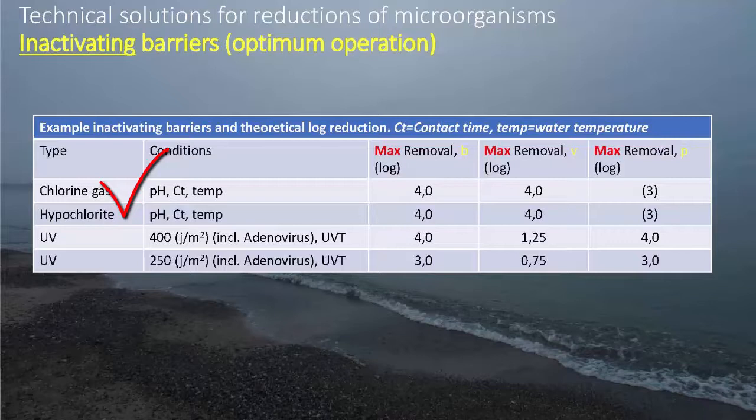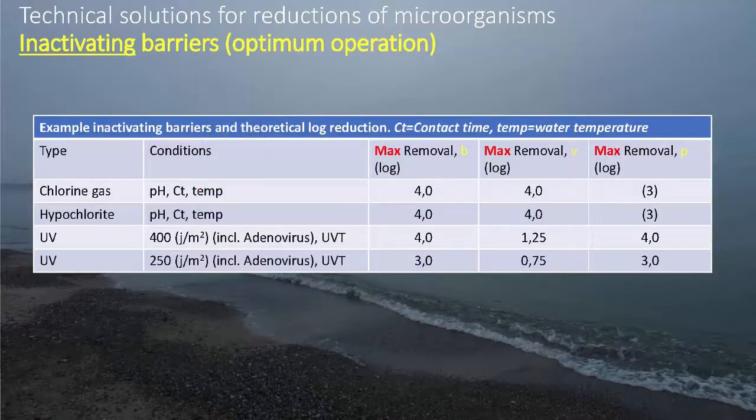Hypochlorite is a chemical, and therefore the conditions in regard to pH, contact time and temperature are critical. So when you talk about hypochlorite and log removal, it's very important that you specify at which pH, which contact time, and at which temperature.